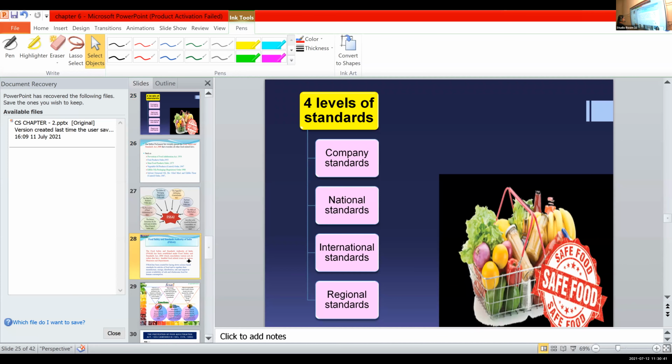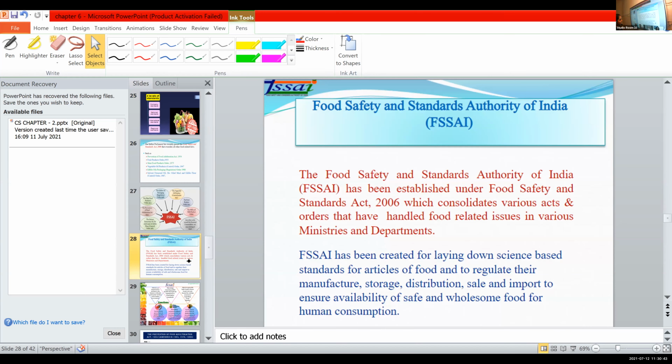Let's move on to the FSSAI. What is the main aim of the FSSAI? FSSAI means Food Safety and Standards Authority of India.